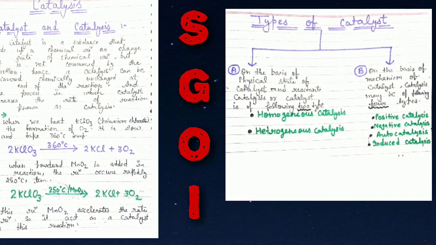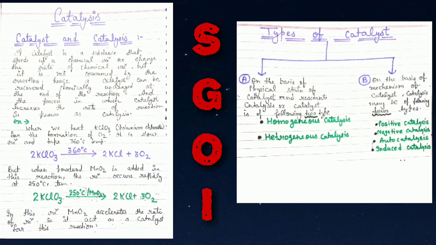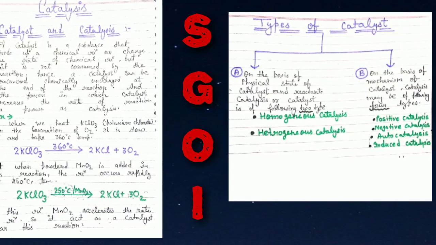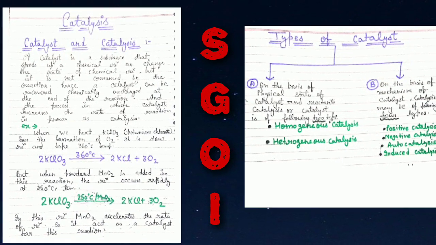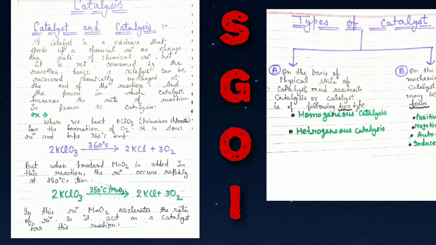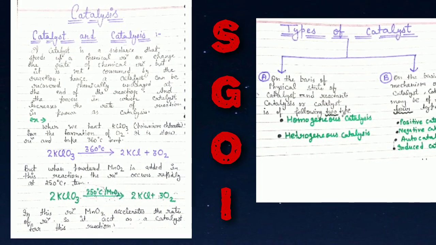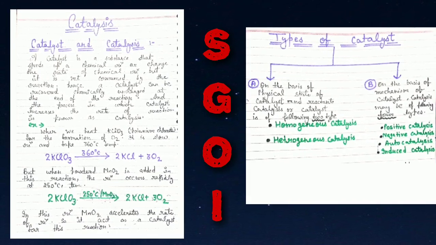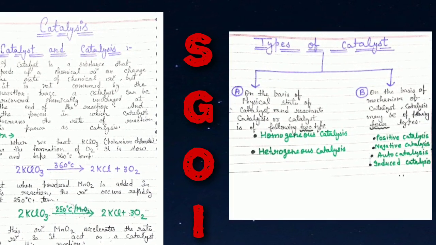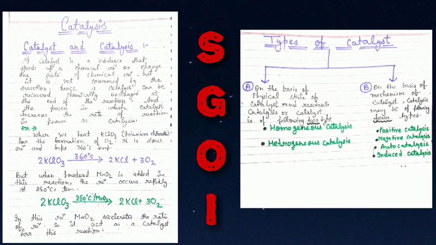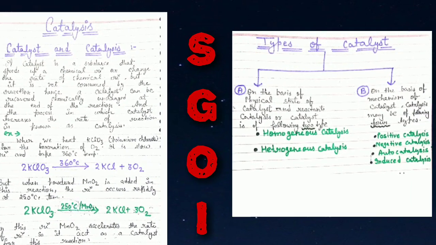For example, in the formation of ammonia by Haber's process, N2 reacts with hydrogen gas in the presence of iron catalyst. Mo, molybdenum, is also taken, which acts as a catalytic promoter to give ammonia. In this reaction, N2 and H2 are gases and the Fe catalyst is in solid phase.